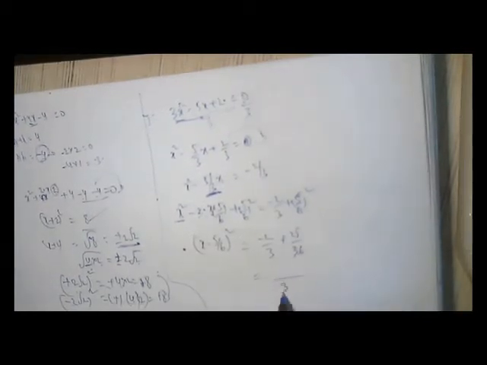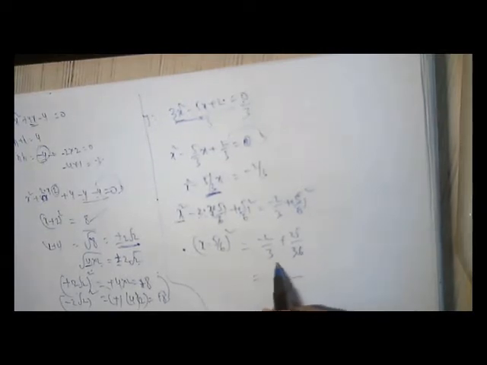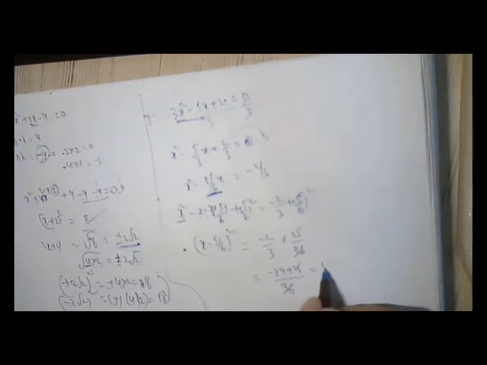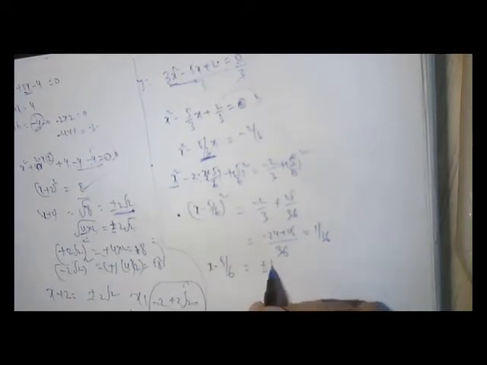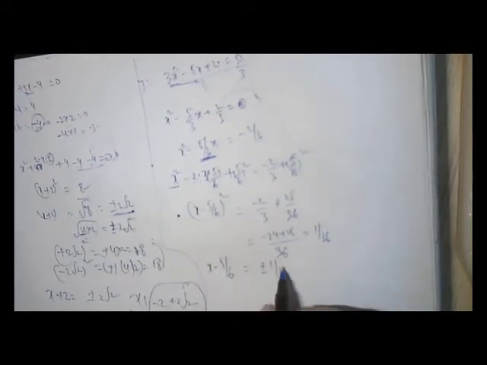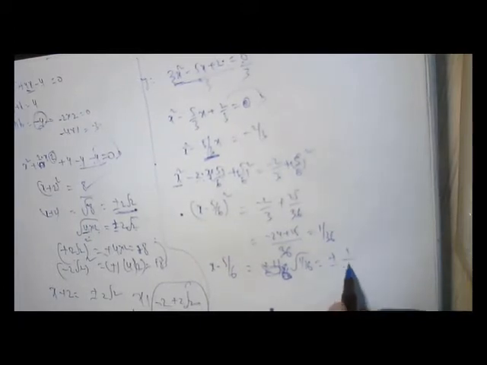If I take LCM 36, 3 12s are 36, minus 24 plus 25, that is 1 by 36. If I take root on both sides, it is plus or minus root of 1 by 36. Root 36 is 6, so that is plus or minus 1 by 6.